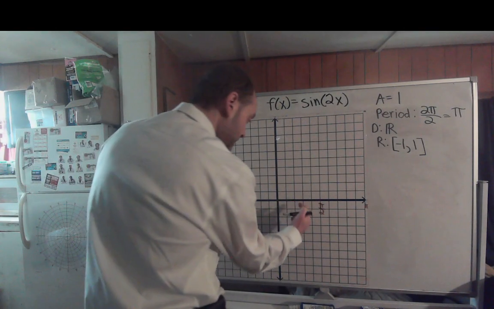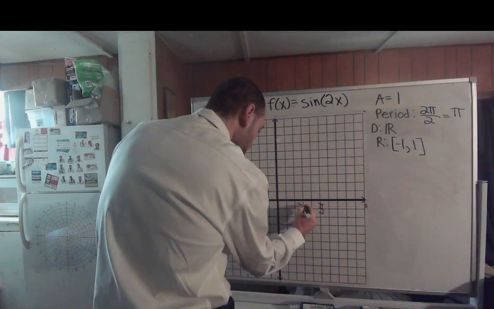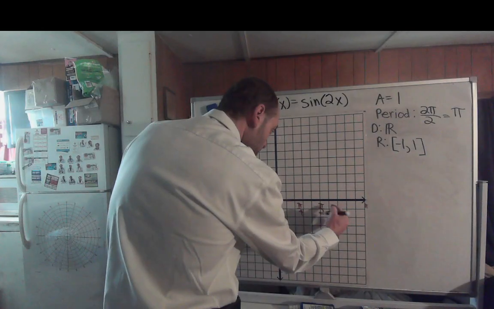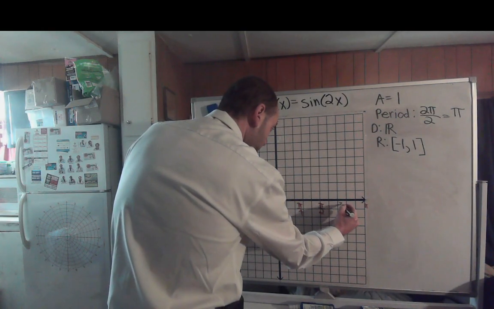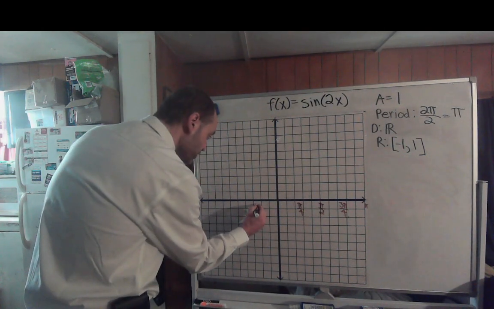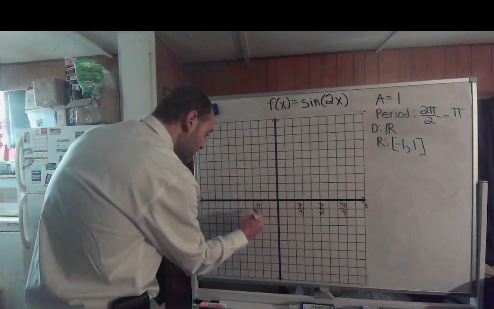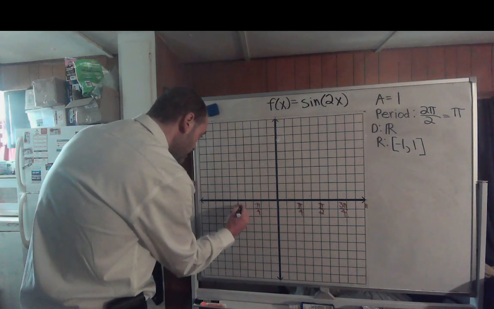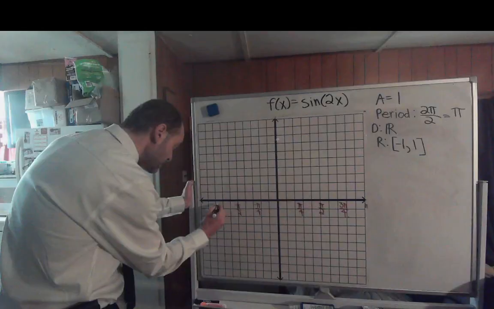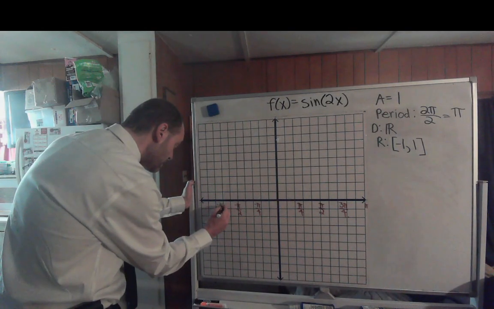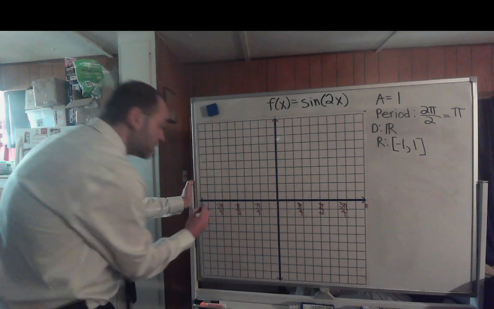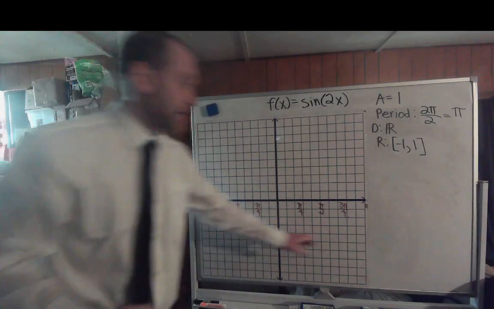So in between these points, you'll have 0, pi over 4, pi over 2, 3 pi over 4, then pi, and then you'll repeat it in the negative direction. Alright, so we go from -pi to pi.